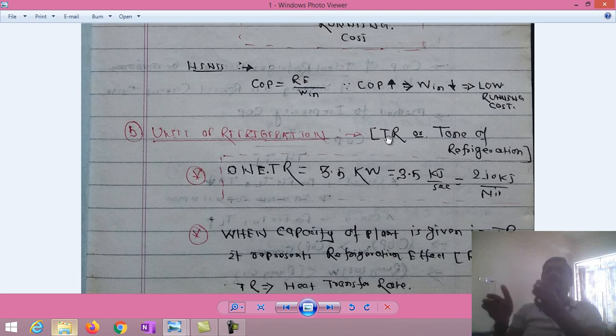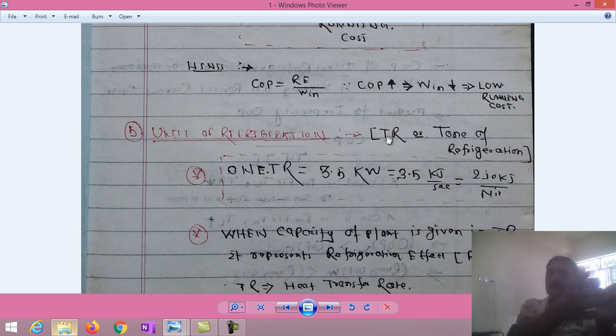What do you have to do? You have to convert 1 ton of water at 0 degree centigrade into 1 ton of ice without changing the temperature. That means you have to withdraw heat from this water. Your target is to convert 1 ton of water at 0 degree centigrade to 1 ton of ice at 0 degree centigrade in 24 hours.